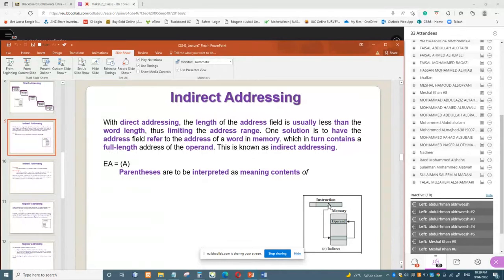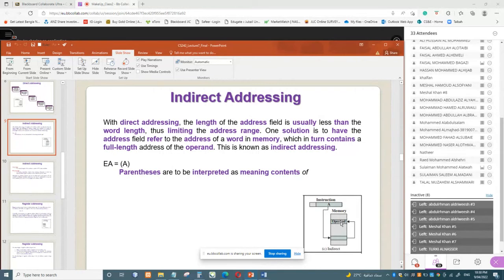So we specify some bits in our instruction so that we can refer to the lower part of the main memory, whose address is not that big, whose address can be referenced using say 10 bits or 12 bits. So the lower part of the main memory can be referenced from your instruction, and that lower part will contain the actual address of your operand, while your actual address of the operand is 32 bit. So this memory location will contain that 32 bit.